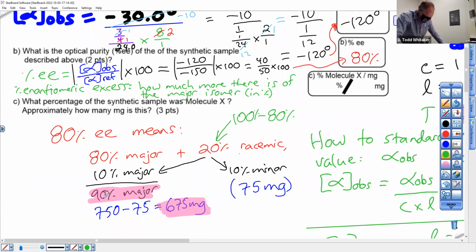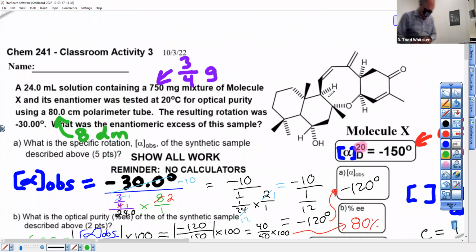We got 90% major. Whoa, we didn't even answer the question. Is it molecule X that's major? Oh, no, it might not be molecule X. Before you begin the question next time, you can figure out which one's major before you do any math.